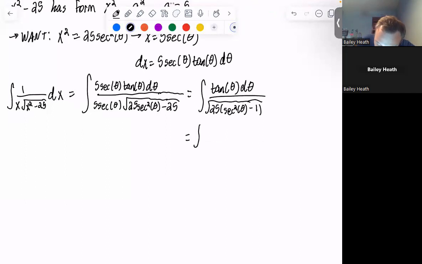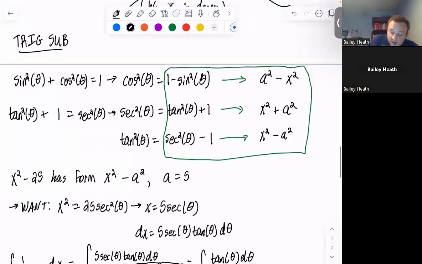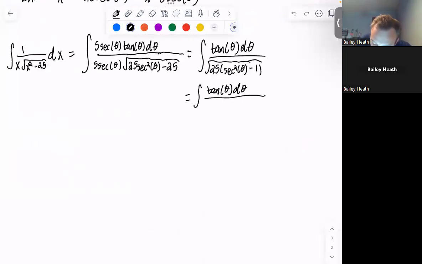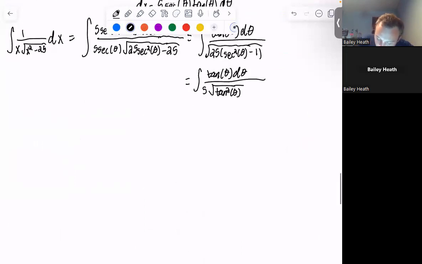Just a moment ago, we saw that secant squared of theta minus 1 is tangent squared. So what does this become? Well, the square root of 25 is 5, and then we have a root tangent squared of theta. So this actually just becomes the integral of tangent theta d theta over 5 tangent theta.